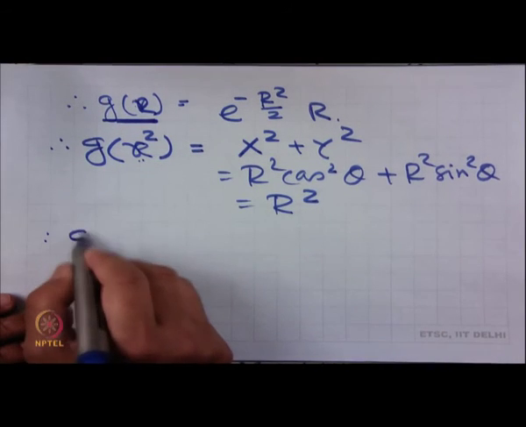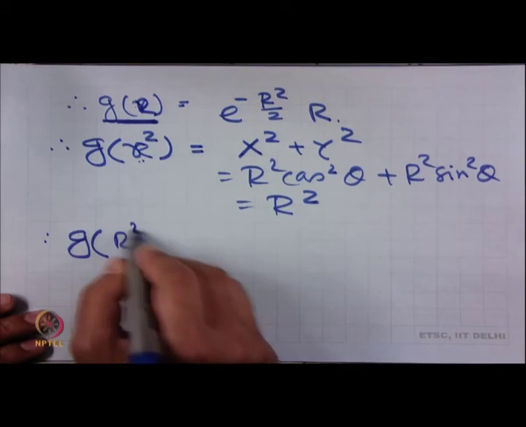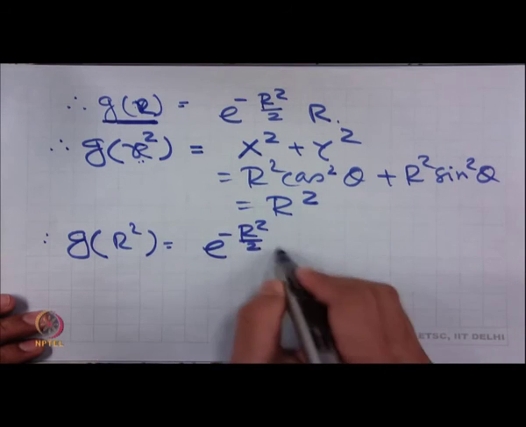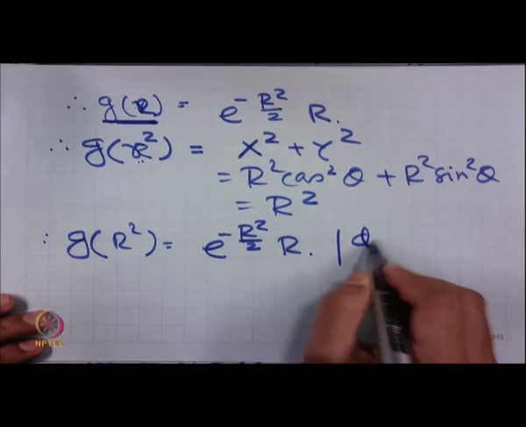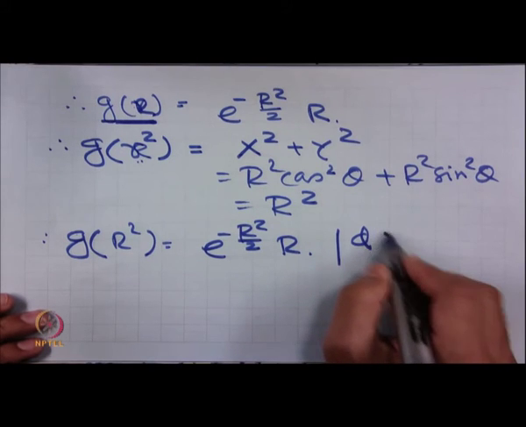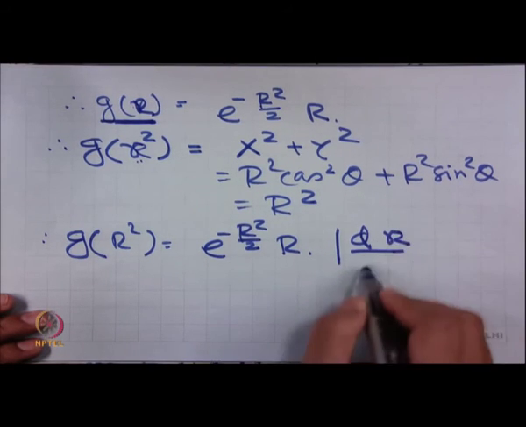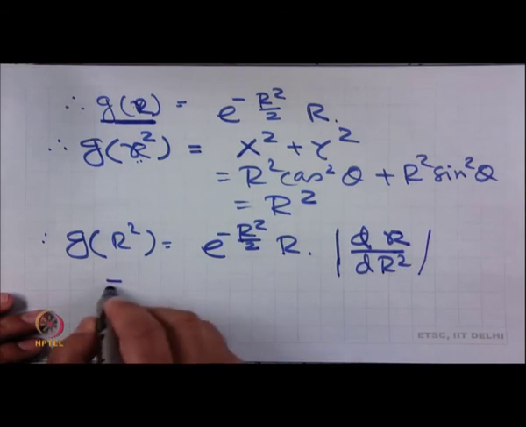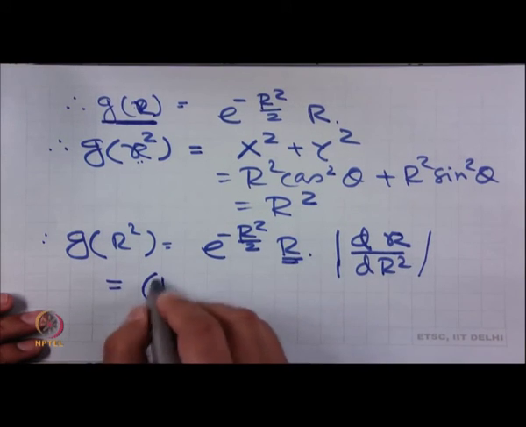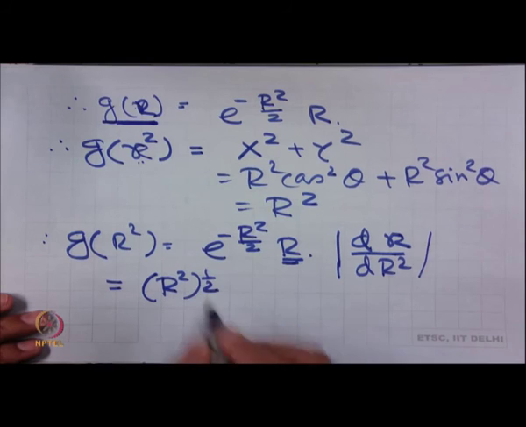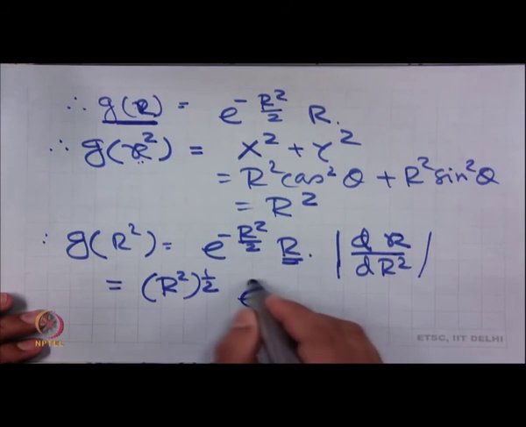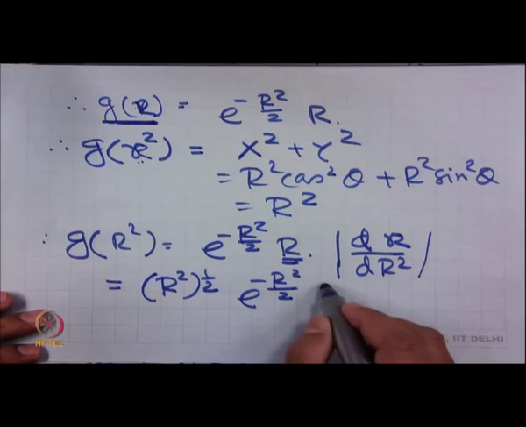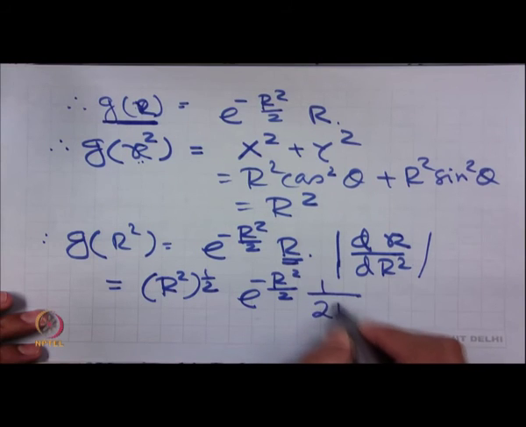Therefore, g of r square is equal to e to the power minus r square by 2 into r multiplied by d r upon d r square, which is equal to, this r therefore we write as r square to the power half into e to the power minus r square by 2, and dr upon dr square is equal to 1 upon 2 r.